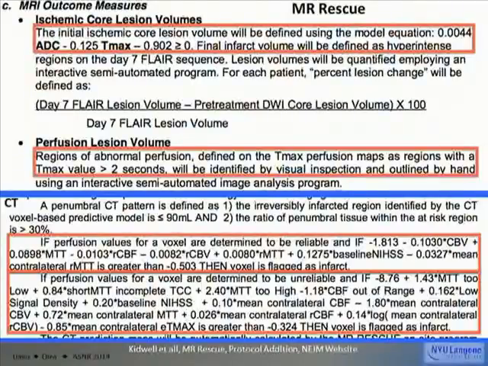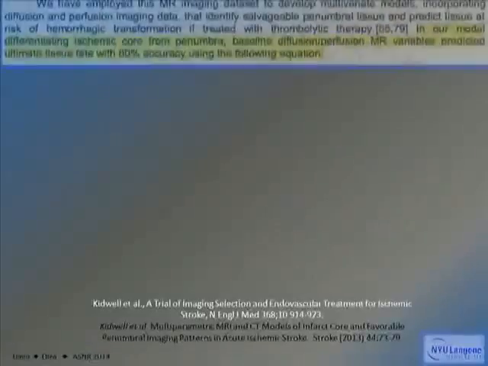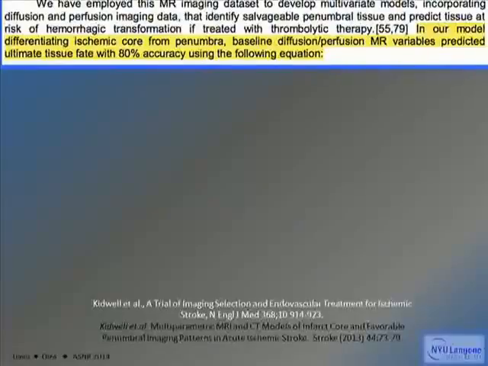Now, it doesn't get any better than this. These are really smart people who put this together. And they spent a lot of time figuring out what was the ideal parameter to determine infarct and penumbra. In our model, differentiating ischemic core from penumbra, baseline diffusion, perfusion, MR variables predicted ultimate tissue fate with 80% accuracy.